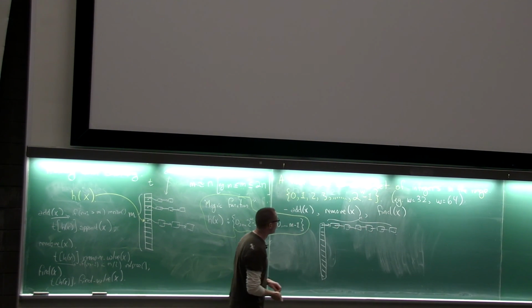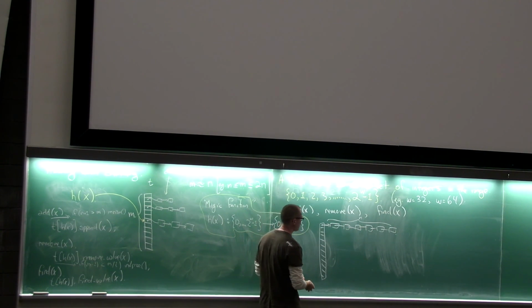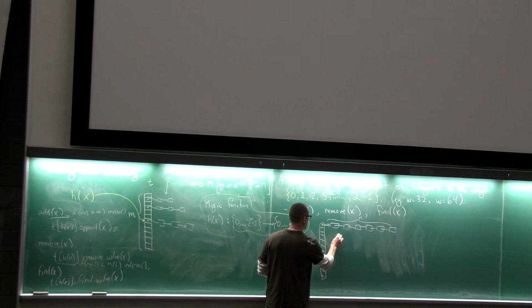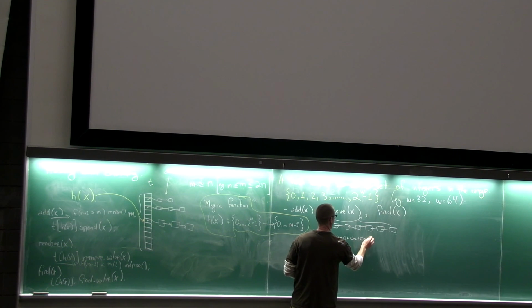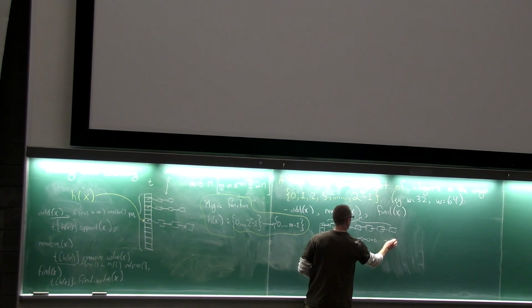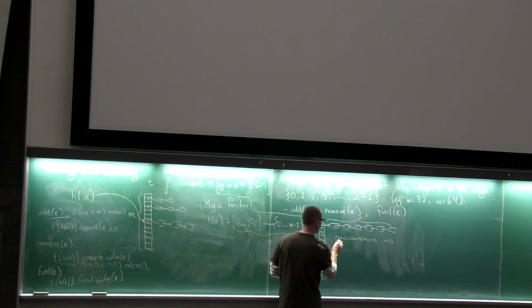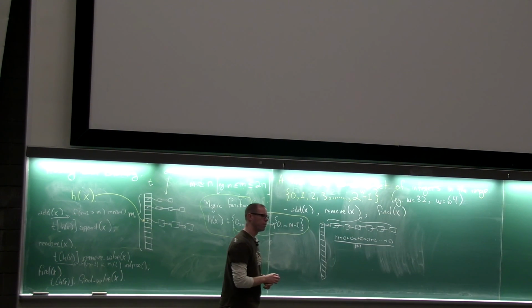What's the average number of elements in a list? To take the average, you take the sum. That's n plus 0 plus 0 plus 0 for all these lists, which are empty. And then you divide by the number of them. So it's n divided by m.